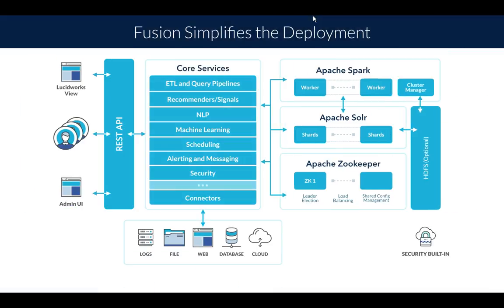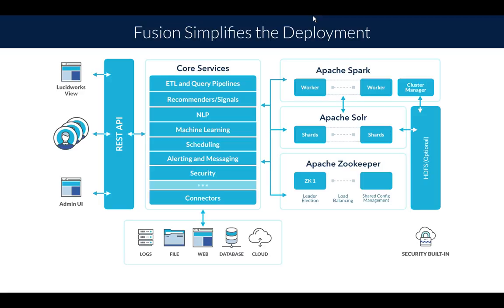So Fusion, our product, is built on a number of different technologies and a number of different open source projects. At its core, as I mentioned, is Apache Solr, but we also use Apache Spark for some of the distributed computing aspects, as well as our product enables you to use machine learning and other types of analysis and transformation on your data, and those all come from the power of Apache Spark.